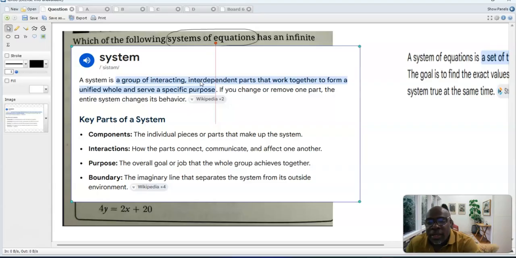They interact, and interdependent means that they depend on each other. The interdependent parts work together to form a unified whole or serve a specific purpose. Now, they are saying if you change or remove one part, the entire system changes its behavior.